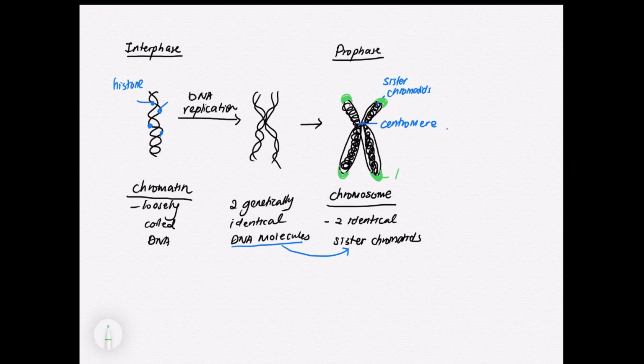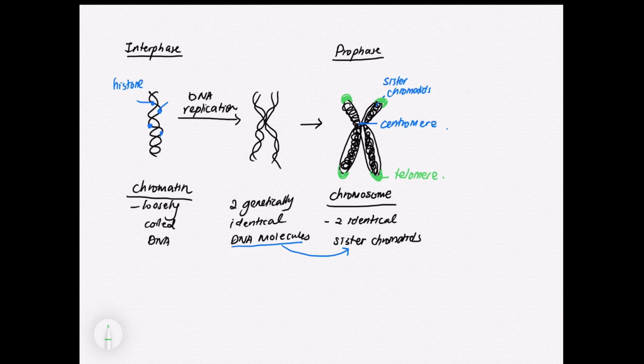So this structure is known as telomere. For the understanding about the role of telomere, please read up on the importance of enzyme telomerase and telomere in stem cells and cancer cells. So this is how a chromosome looks like during prophase.